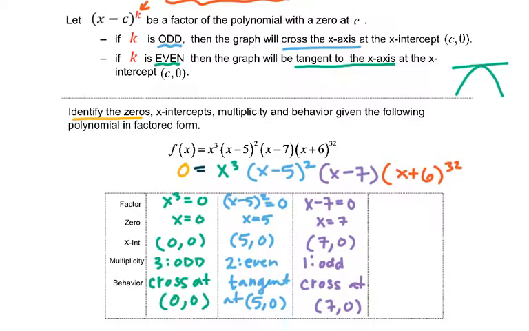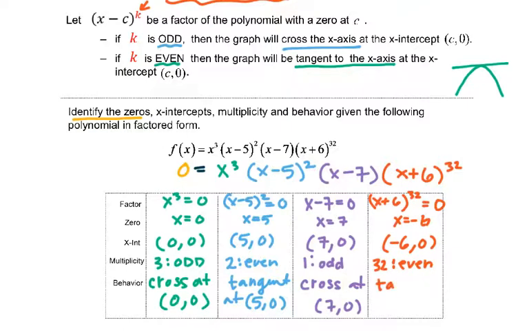And our last factor written here in red, x plus 6 to the 32nd power. x plus 6 to the 32nd equals 0. So solving that, I would get x equals negative 6, which means I have an x-intercept at negative 6, 0. Now, what is the multiplicity? The multiplicity here is 32. 32 is an even number.